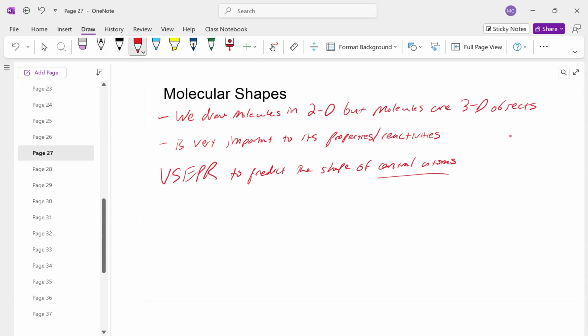So the bigger the molecule is, the chances are much, much higher that one side of the molecule will have one shape, another portion will have a different one, and yet a third portion will have something completely different. So being able to recognize what the requirements are for a particular shape is what we're going to focus on for a little bit.